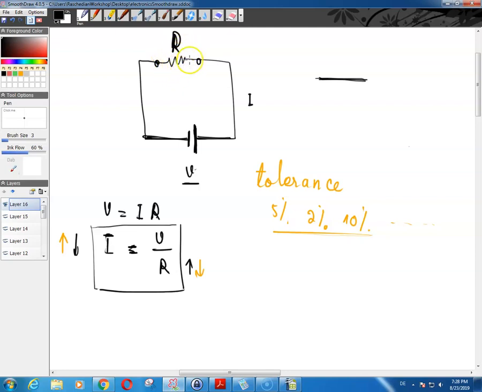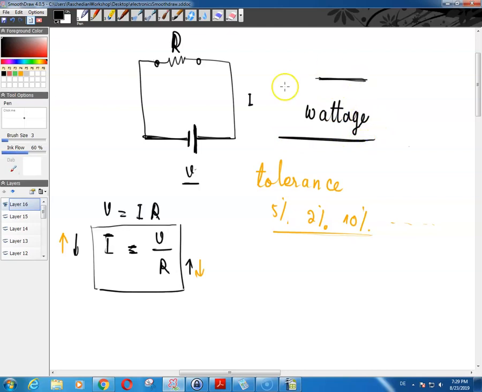The resistor gets hotter and hotter, and the heat that is produced depends on some factors. For example, it depends on the amount of current going through it, and also on some other characteristics of resistors, which is the wattage of your resistor.